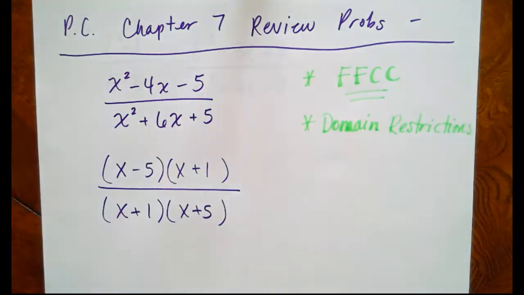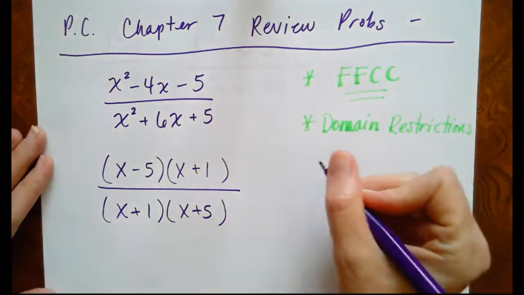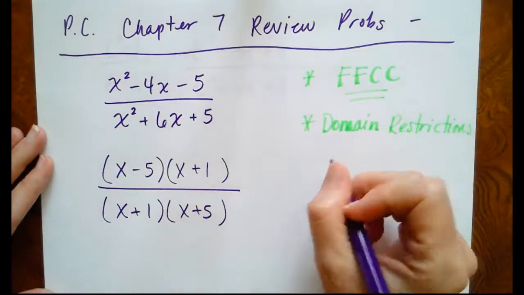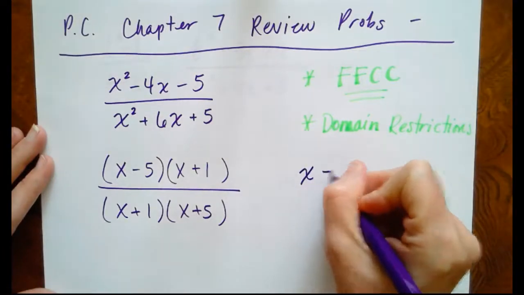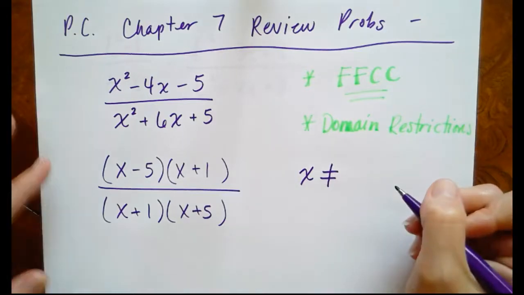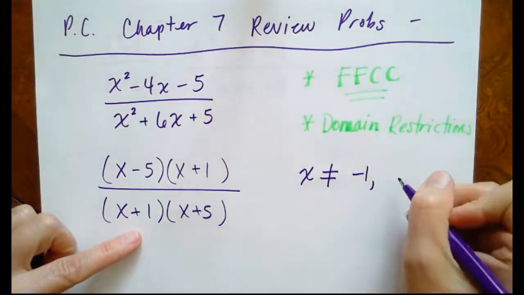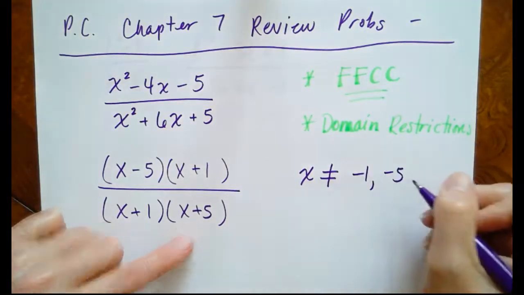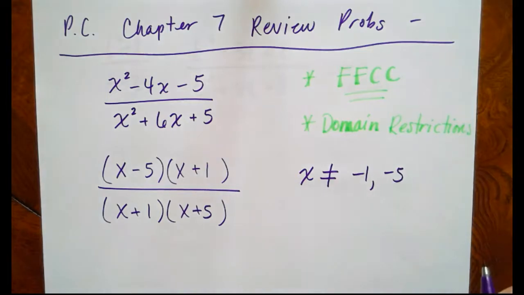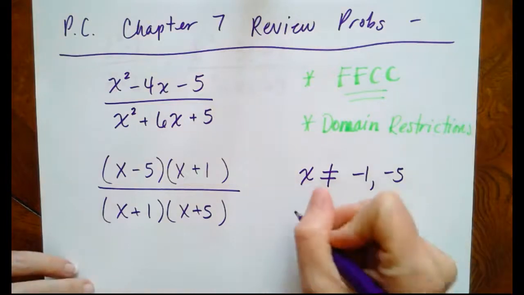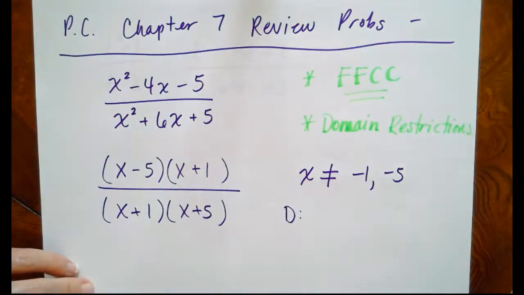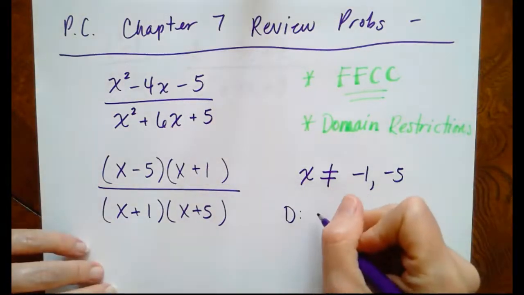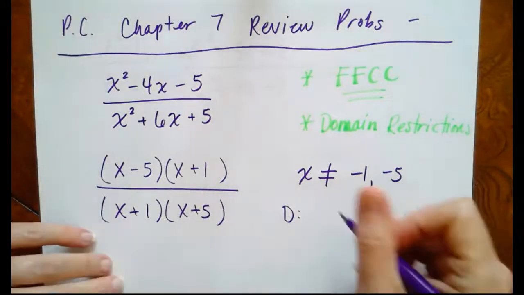So right away, before we cancel anything, let's go ahead and say what our domain restrictions are. X cannot equal negative 1 or negative 5 because both of those numbers would give us a 0 in the denominator, and we cannot do that. So if we want to give the domain of this particular expression, we can say that it's all real numbers except those two.